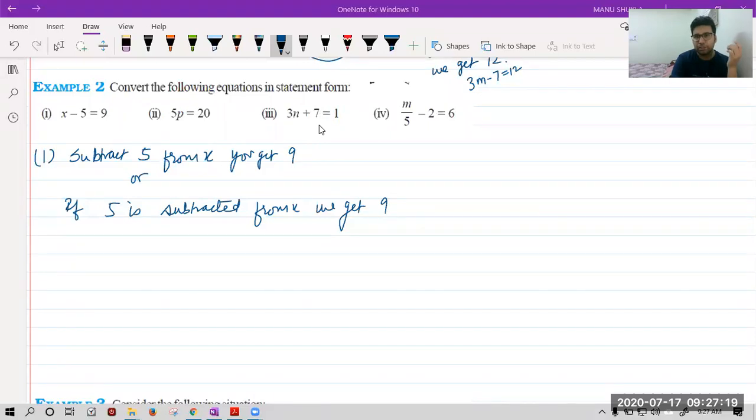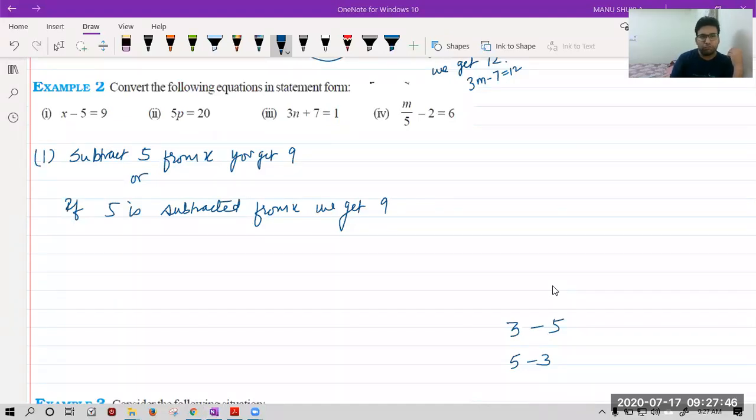Very good Kritika, Ashmit, it is 3 minus 5. So 3 will come first and 5 will come second. If I say subtract 3 from 5, it will be 5 minus 3. So we have to understand what is coming first, what is coming second. Okay. Now let's see the second part.